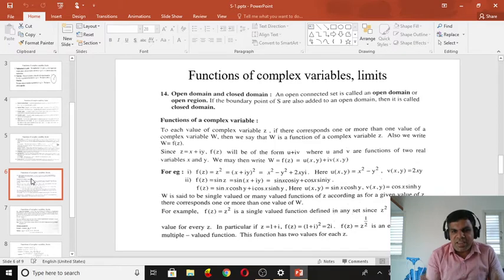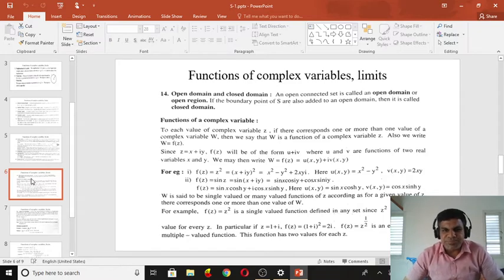Now we know in hyperbolic functions cos iy is cosh y, plus cos x sin iy we can write as i sinh y. So the real part is sin x cosh y and the imaginary part is cos x sinh y. So u of x y is sin x cosh y, v of x y is cos x sinh y.